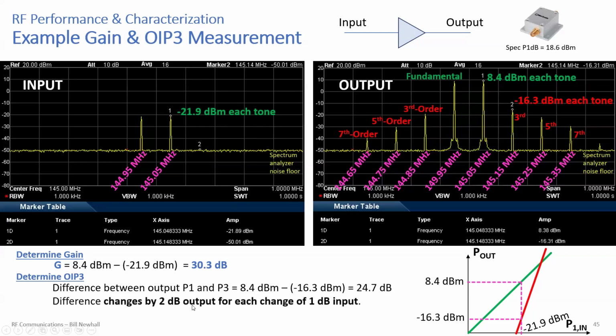The difference changes by 2 dB output for each change of 1 dB input. We saw that 2-to-1 closing ratio. The difference shrinks by 2 dB for every 1 dB you increase in input power. So the output IP3 is 8.4 plus 24.7, divided by 2, and that's 20.8.